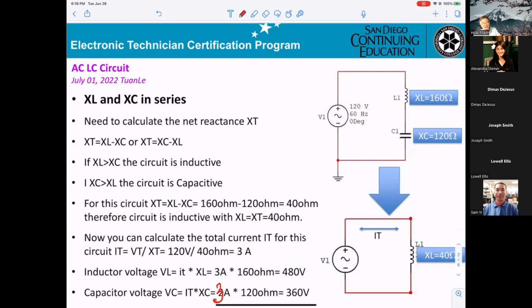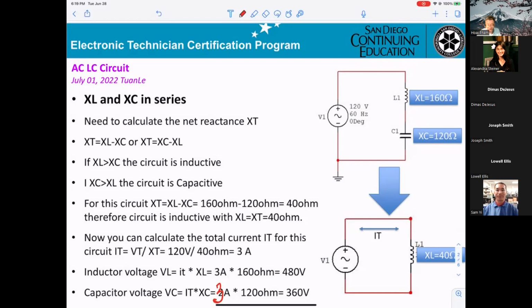Any question up to this point? For the RLC circuitry, you have to find whether it is an RL or RC circuit only, not C and L only.